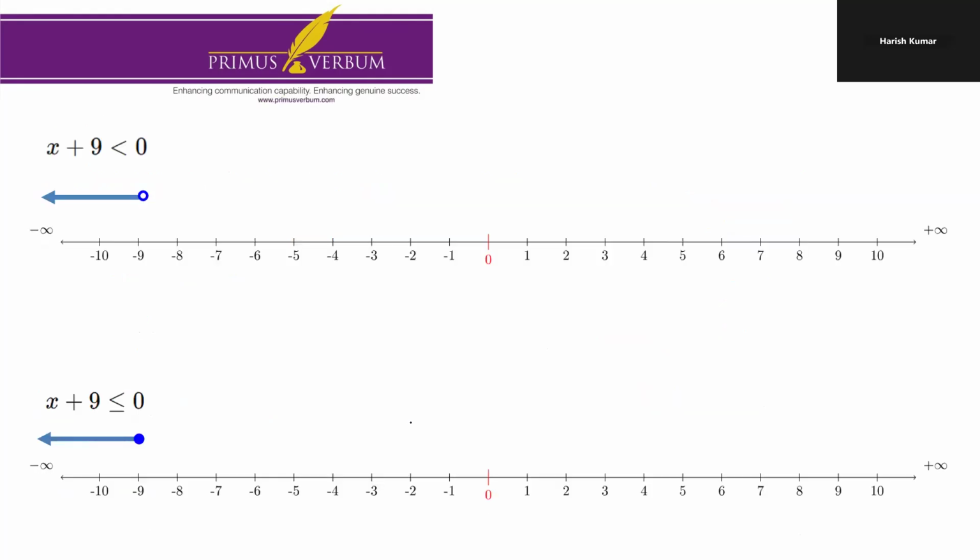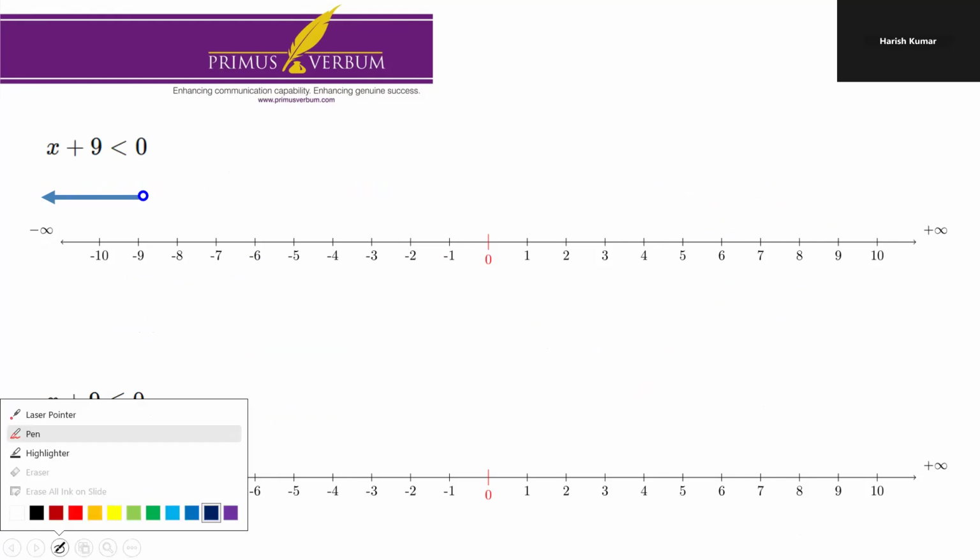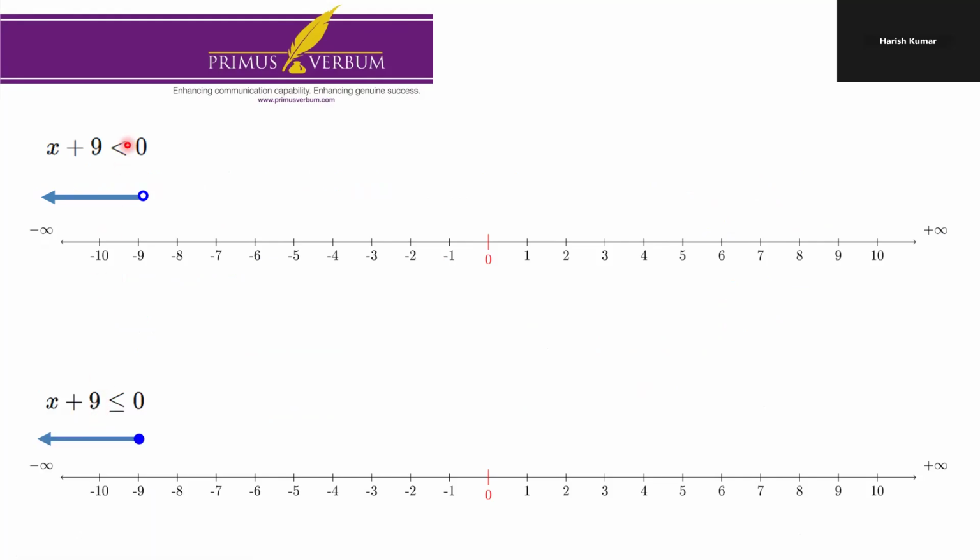So we have the two inequalities plotted here, and you see that for the first inequality, x plus 9 less than 0, we have an empty circle above minus 9, indicating that the values of x range from minus 9 to minus infinity, excluding minus 9.